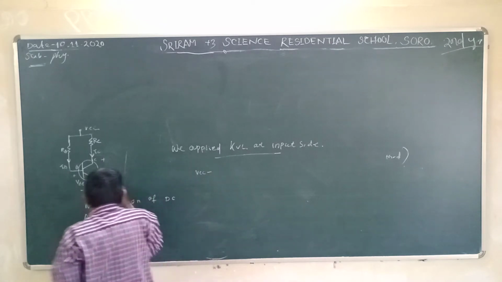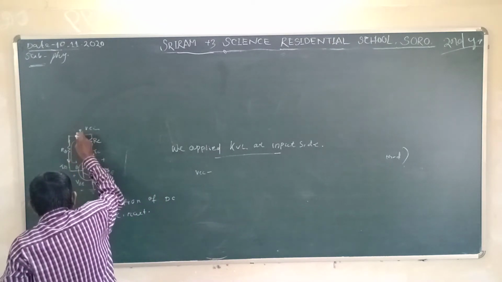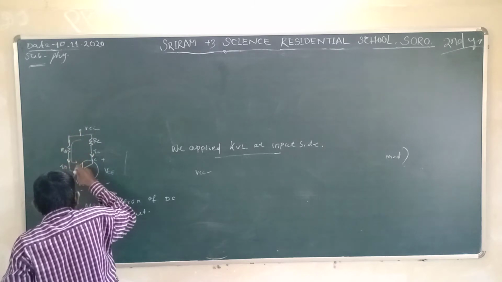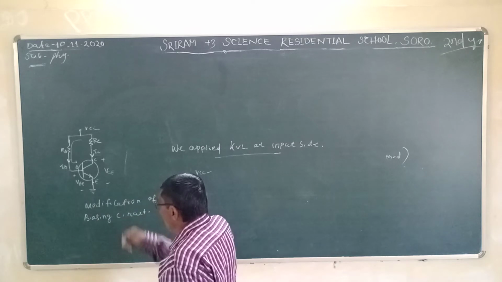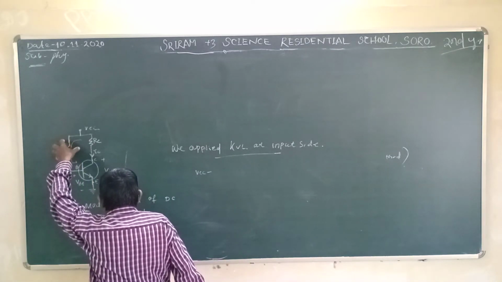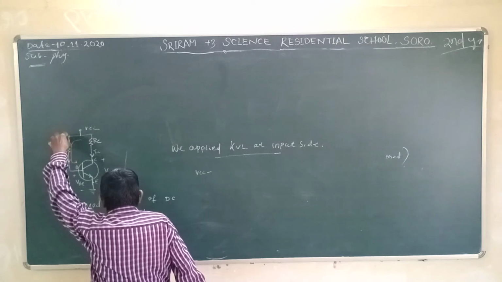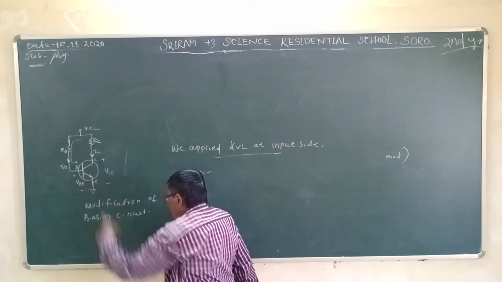The input side is this loop, so current starts from this point and goes to the base circuit. RB is connected at the base point and the base current IB passes through it.